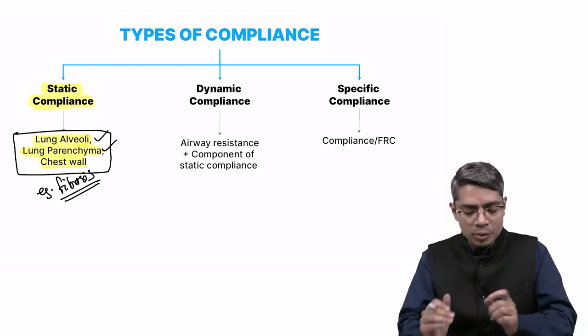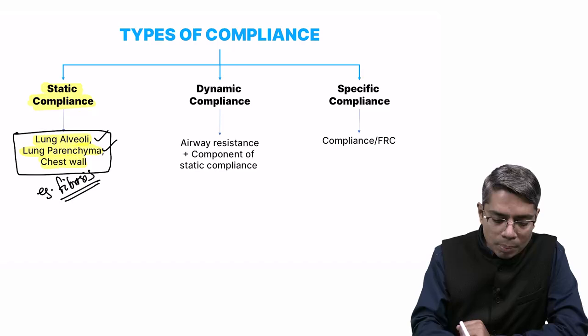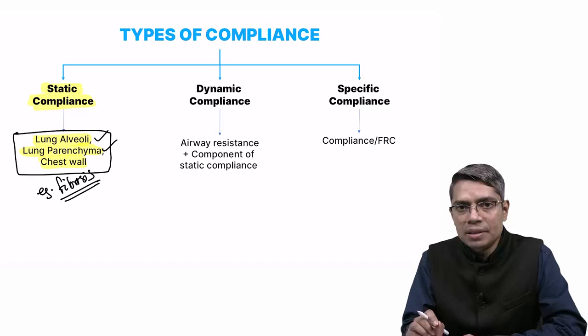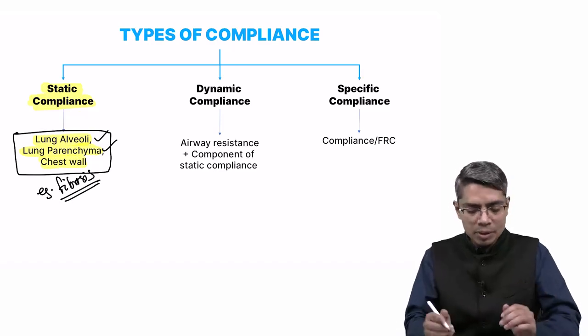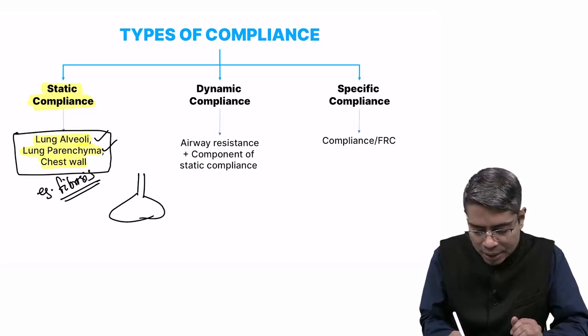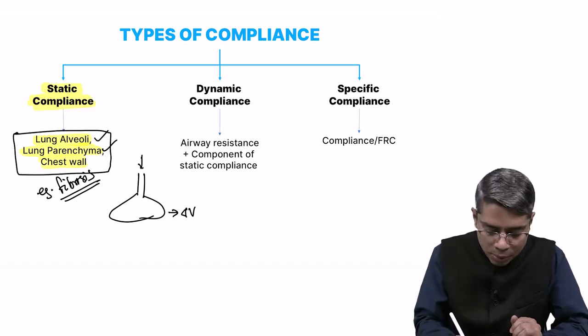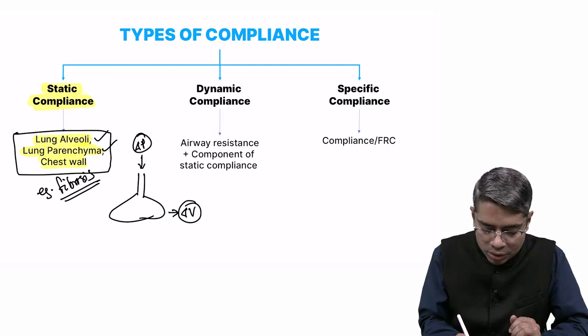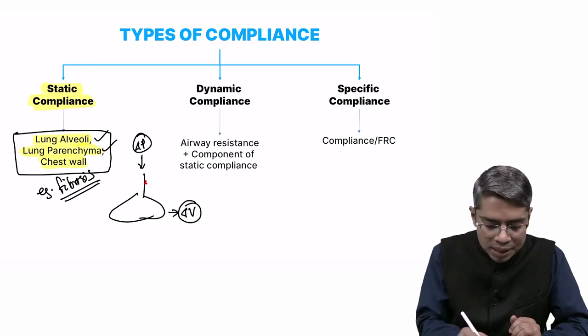But whenever you measure the compliance taking into consideration the resistance of the airway, imagine one situation where you are measuring how much volume change happens if you give an equal amount of pressure. So you are giving delta P and measuring the volume change, but you are also considering the airway resistance.